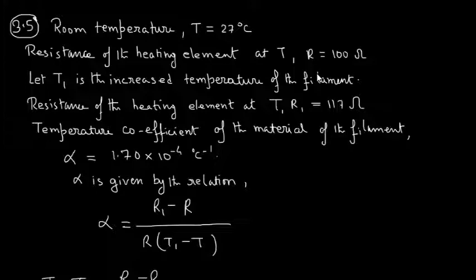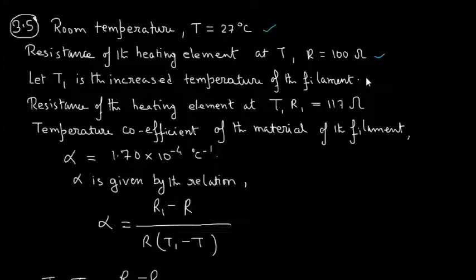Now let us see the solution for 3.5. Room temperature T is equal to 27 degrees centigrade. Resistance of the heating element at T, R is equal to 100 ohm. Let T1 be the increased temperature of the filament.